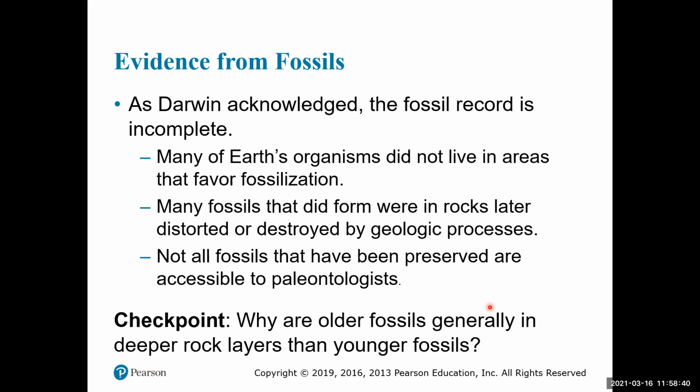And so a lot of the fossils in the Earth's surface just aren't accessible for paleontologists. So it was really interesting that Darwin acknowledged this and knew that the fossil record was incomplete and that there are going to be some inconsistencies and gaps in the fossil record as we move forward looking at the ancestry and the evolutionary history of species throughout Earth history.